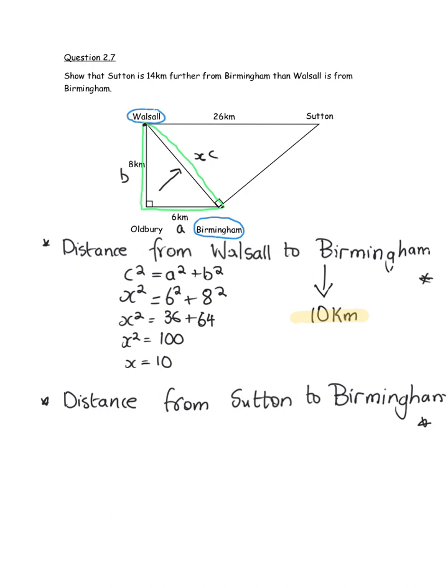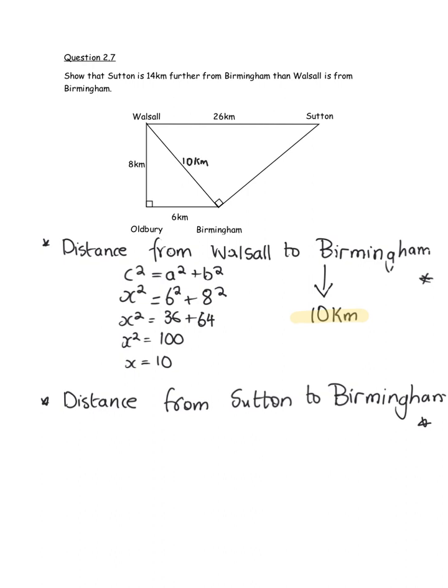Now I'm going to rub out just what we've looked at on this triangle so far, because we need to use it now to figure out the next part. However, we do know that the distance from Walsall to Birmingham is 10 kilometers. We need to figure out then the distance from Sutton to Birmingham.